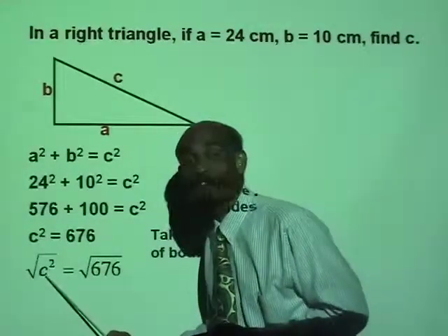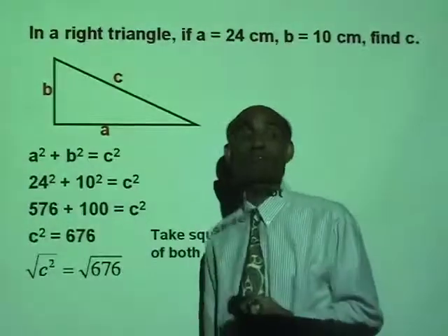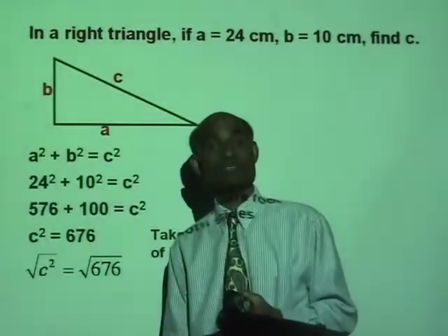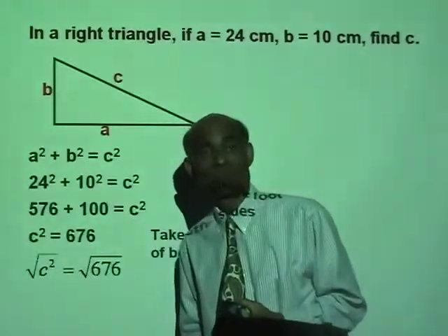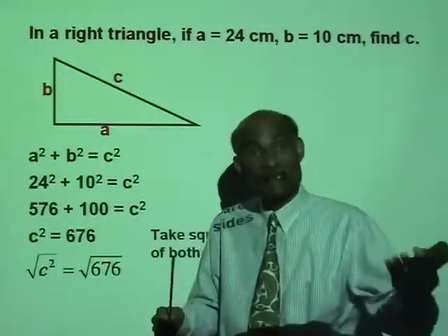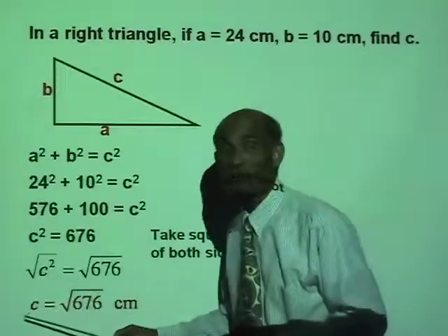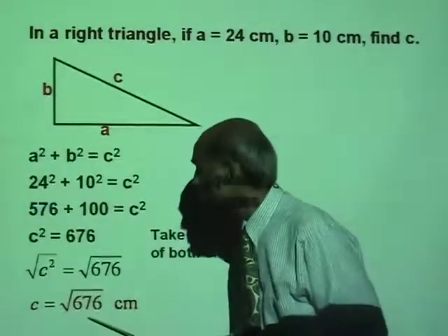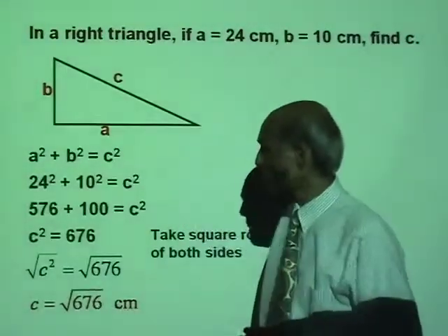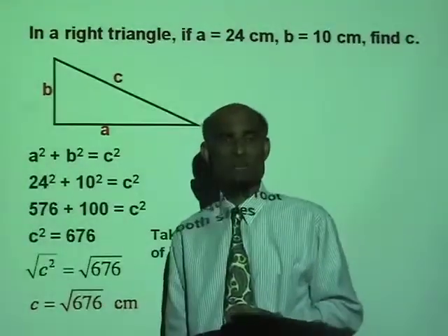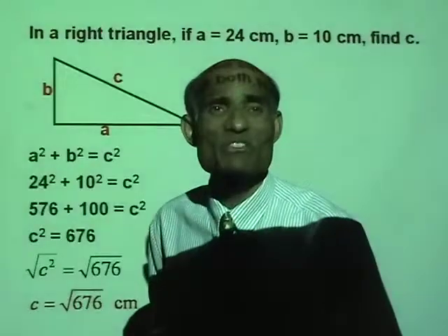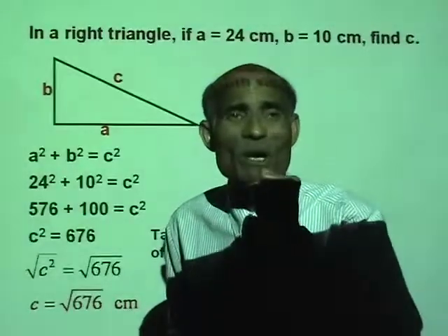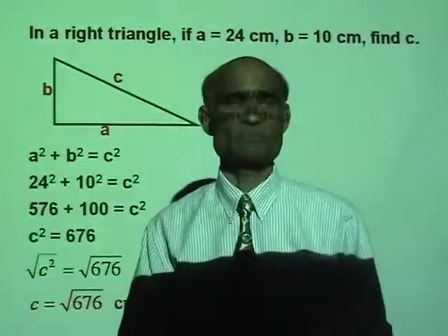Now what is the square root of C squared? Square root of C squared is C. So that gives me C equals square root of 676 centimeters. Well, since square root of 676 is not a whole number, we will leave it like that.